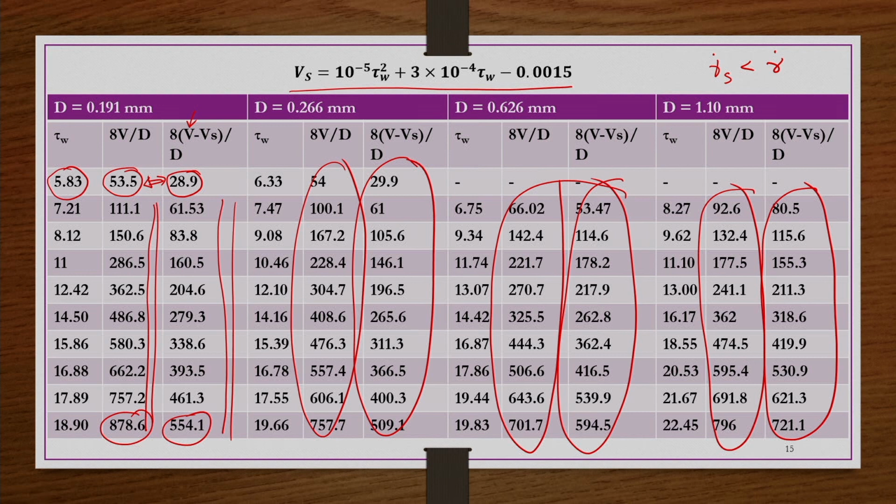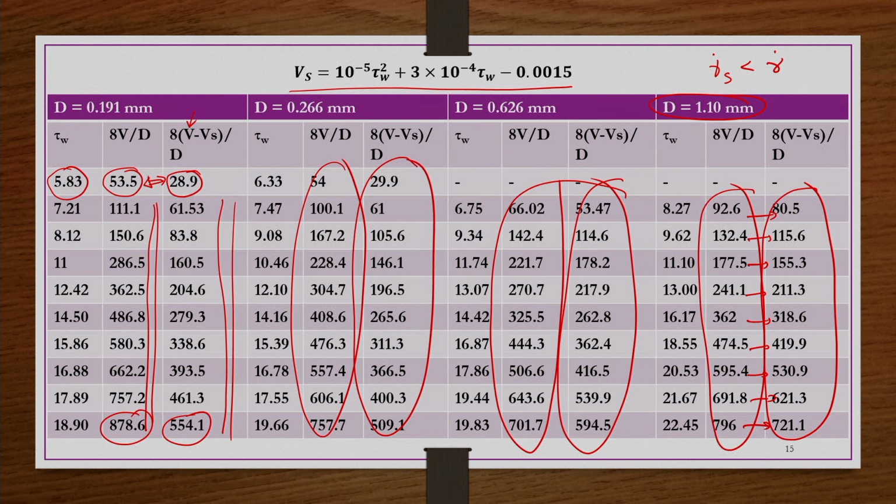That means the values of 8V by D and 8V minus Vs by D will not be very different from each other. That we can see here. For the larger diameter capillary, there is still an effect, but the difference is less compared to the smaller capillary diameter.